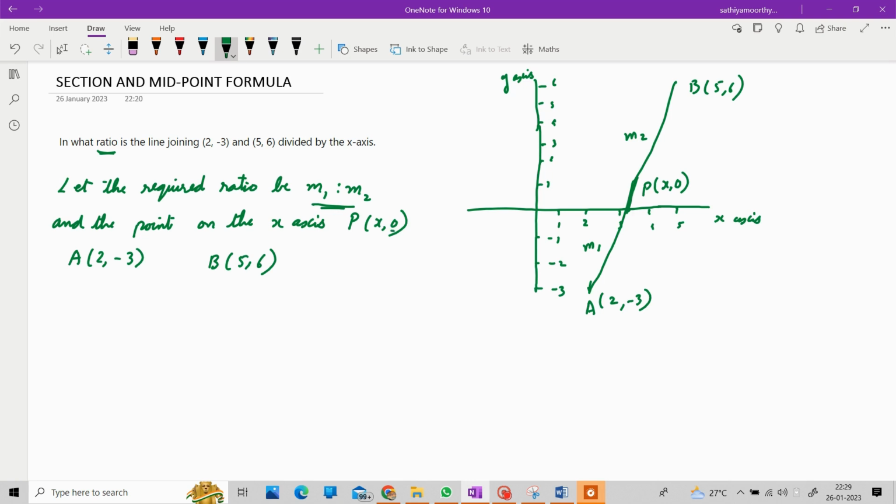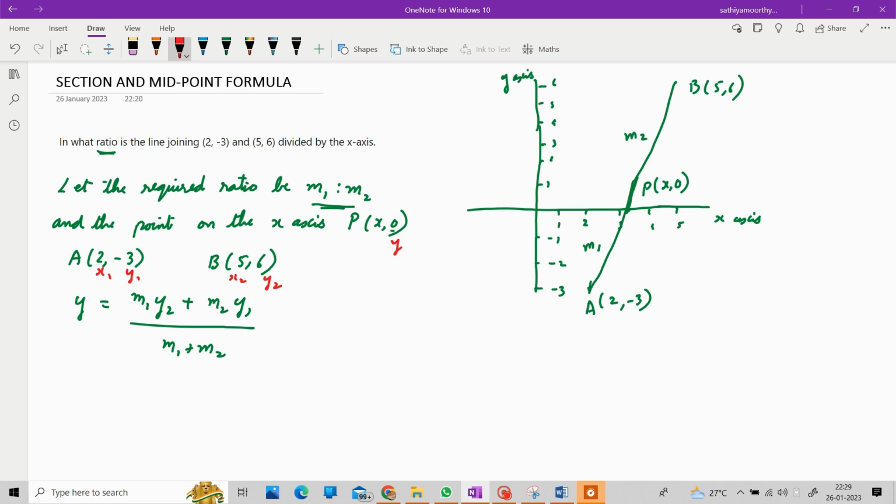So let me use the y coordinate formula in the section formula. y is equal to (m1 y2 plus m2 y1) by (m1 plus m2). This is the formula for finding the y coordinate. Now I'm going to substitute all the values. So this is my x1, y1, x2, y2, and this is the y value.